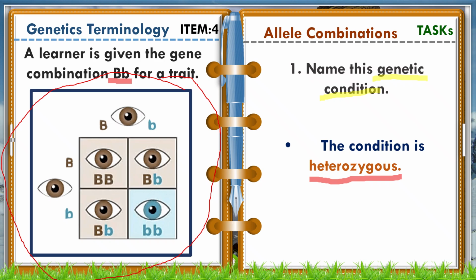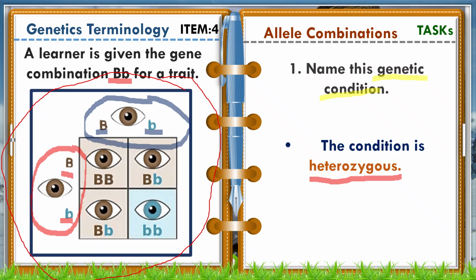For example, if you look at this parent here, he has a gene combination of capital B and small b. And also when you look at this parent here, the parent also has a combination of genes, capital B and small b.